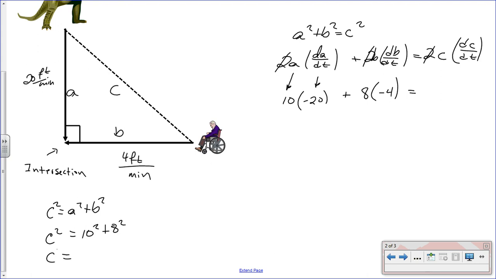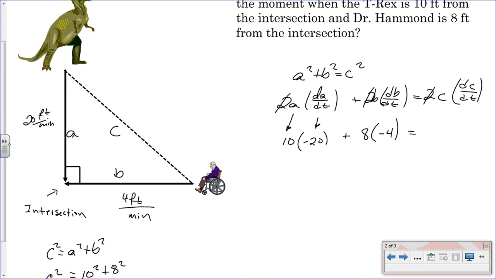So c squared equals 100 plus 64, which equals 164. Take the square root of both sides. C is the square root of 164, and we don't know what dC dt is because that's what we're trying to solve for, how fast this distance is changing.